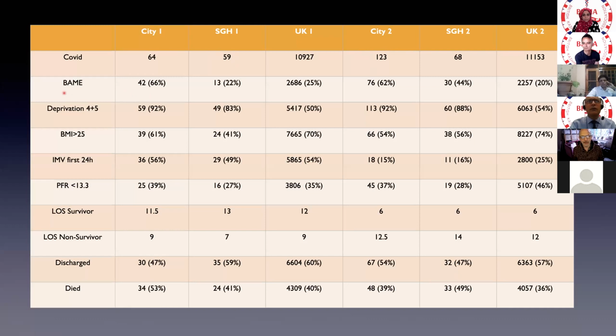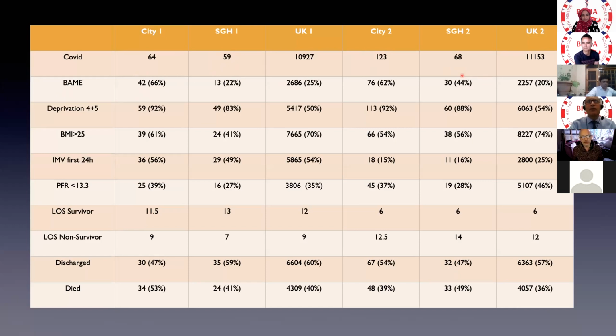If you look at our Black and Asian minority ethnic proportion of patients, City is always high at about 60%, which reflects the population around our hospital. Sandwell was quite low to start with in wave 1 at 22%, but much higher in the second wave. And again, this shows the prevalence in particularly our Asian populations, where there tends to be multi-generational housing.